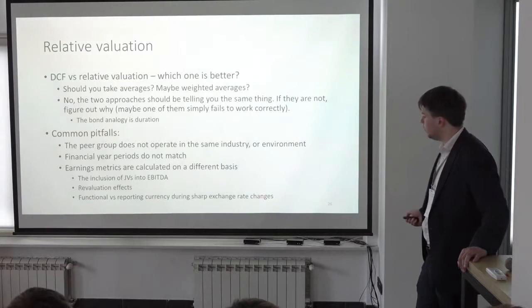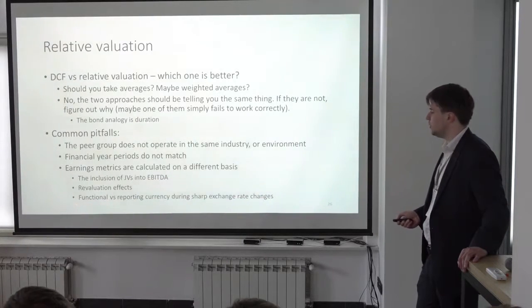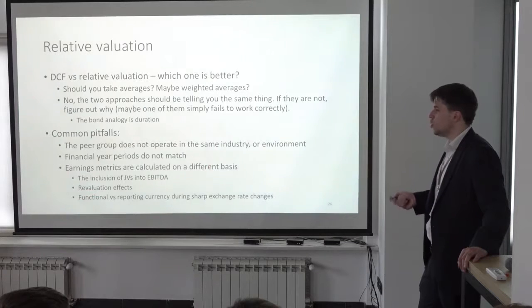You have to think about it. It's kind of complicated. I'm not going to talk about this for too long, but it's interesting because you get really weird things. If you compare MHP to Cardinal, for example, Cardinal reports in dollars, and its functional currency is in dollars, and it's actually reporting lower margins than MHP was back when the hryvnia was valuing. So something to keep in mind as well.